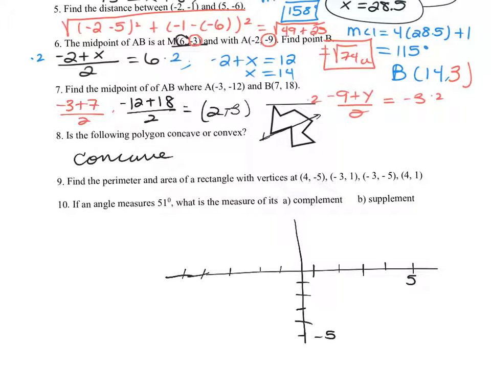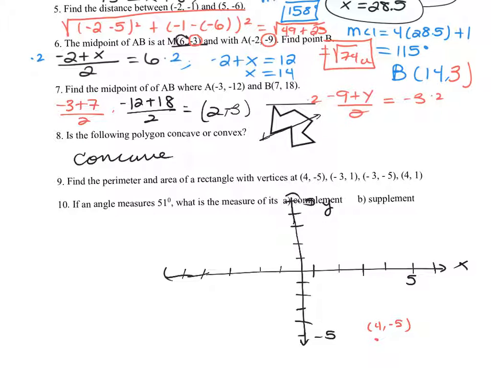-5, 5. I'm just labeling, which is what I expect you to do anytime you draw your own grid, with an X and a Y. And I'm just going to plot the sides. So the first one is 4, -5. And I like to label it so I don't lose track. That was 4, -5 right there.